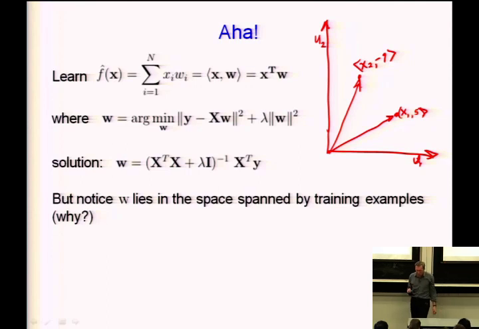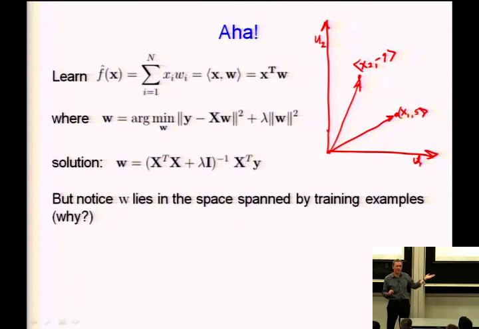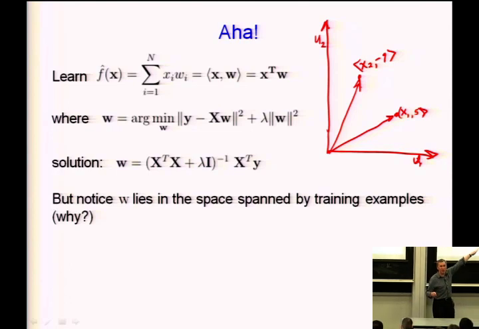Okay, so now what would it take for w to not live in that space? Right, w is the same dimension as the x's, right? We're taking dot products of w with the x's. So the only way w could not live in the space spanned by the training examples would be if somehow we had 3 features instead of 2.